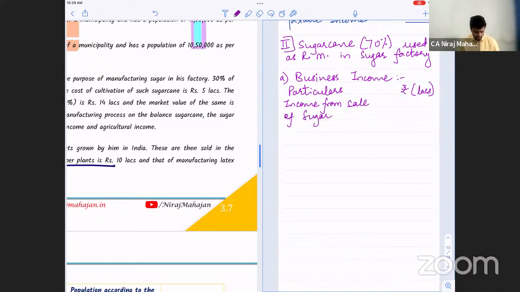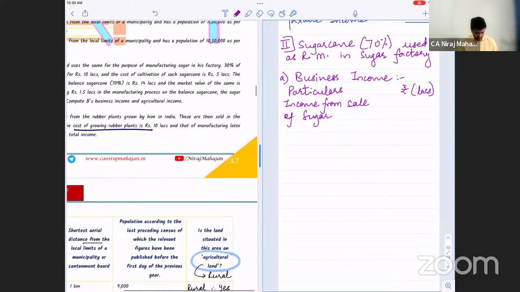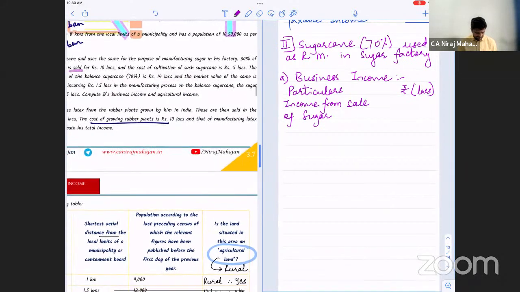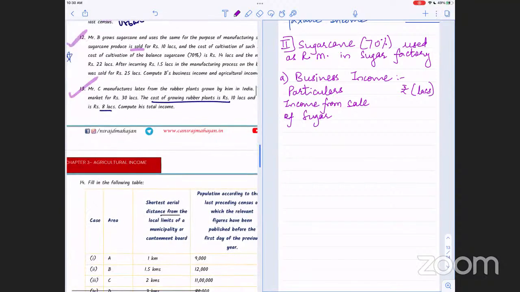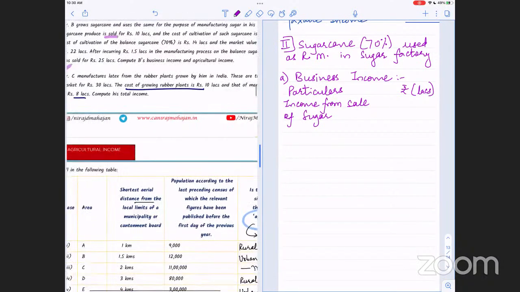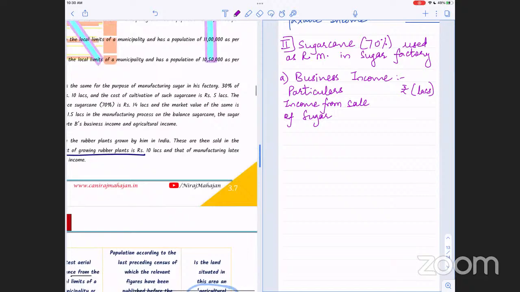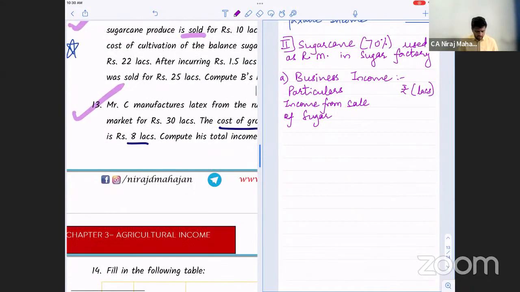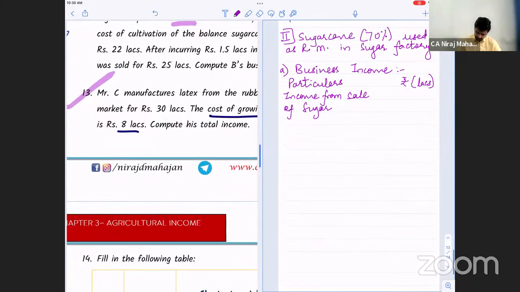Income from sale of sugar. You tell me how much was the answer. 25 lakhs. Actually, we earned 25 lakhs. Okay, fine. The entire sugar was sold for 25 lakhs. All of you okay till here?